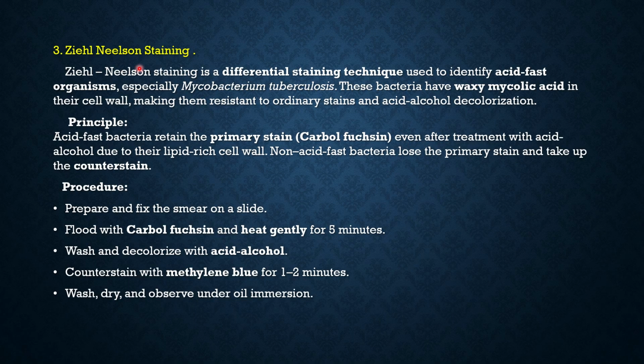Next, the third question is Ziehl-Neelsen staining, which is also known as acid fast staining. This is a differential staining technique. Especially we use this to identify acid fast organisms like Mycobacterium tuberculosis, Nocardia, etc. We do this special staining technique because these organisms have a waxy mycolic acid in their cell wall.